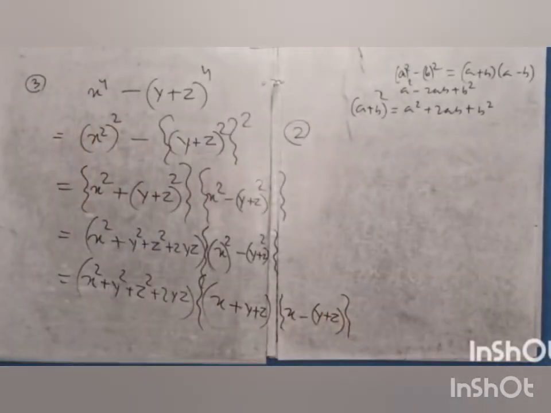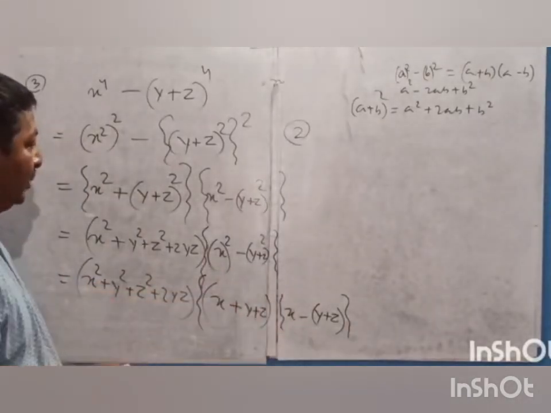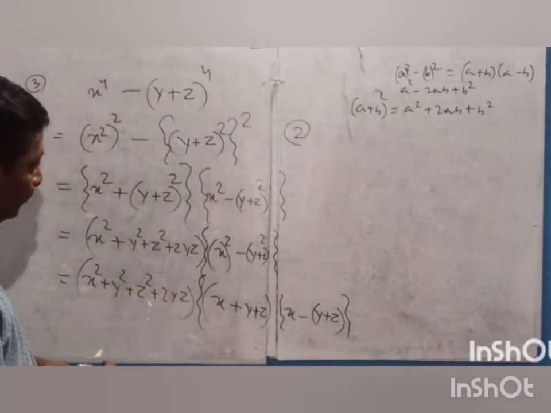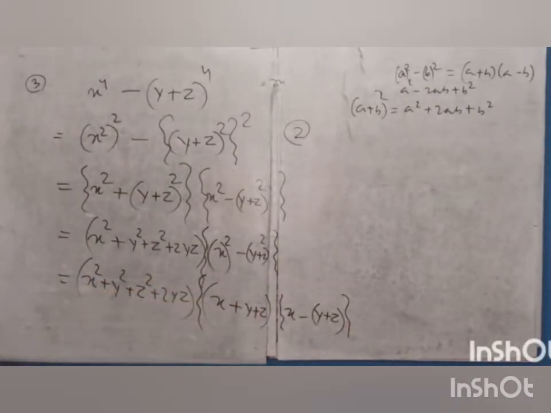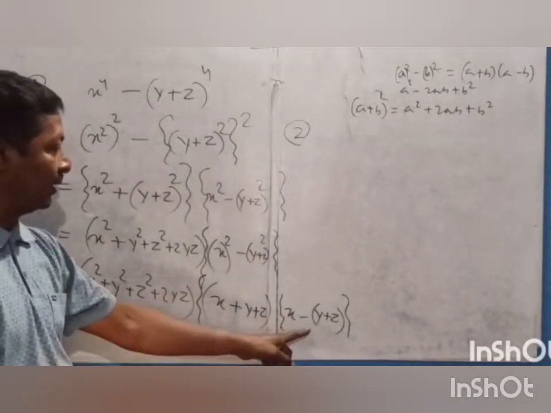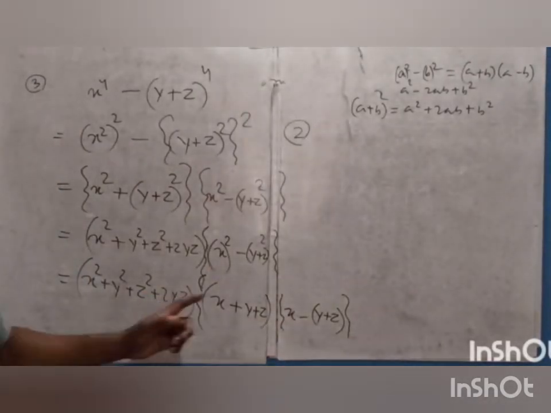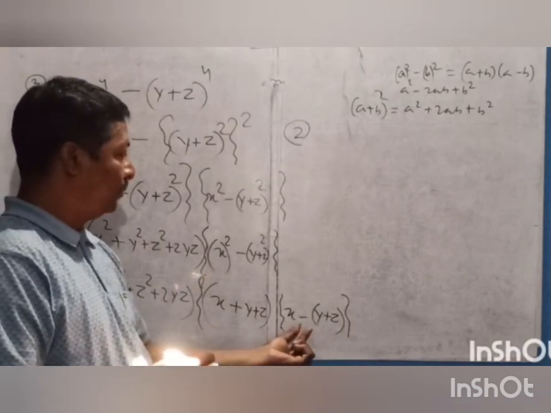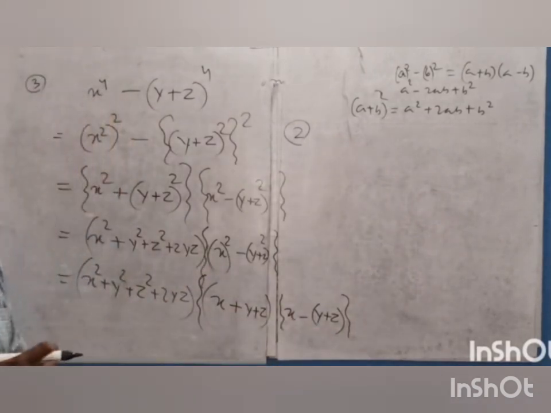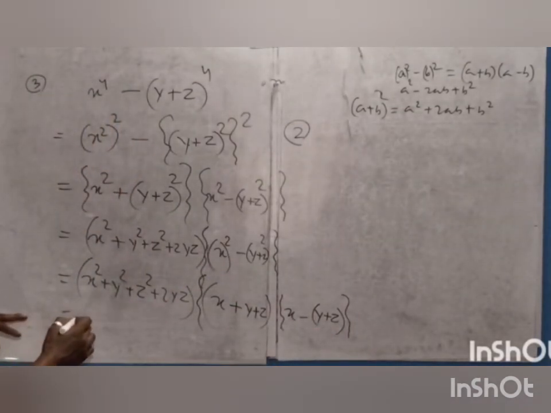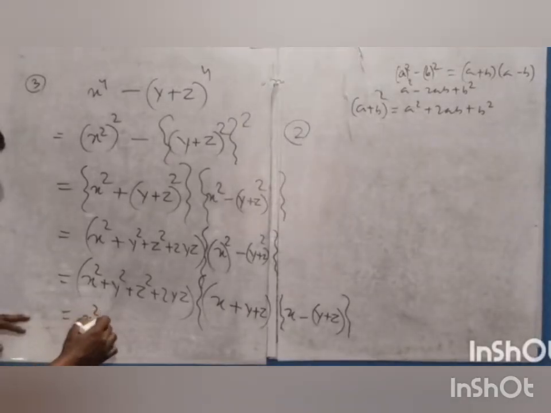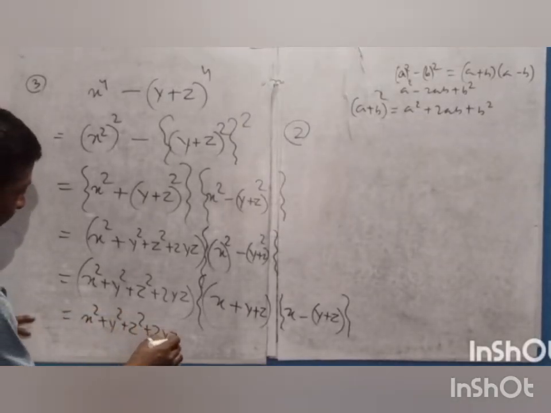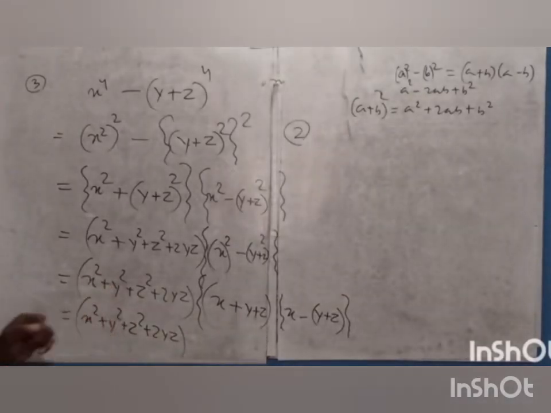A plus b into a minus b. After the minus there are two terms, so I have to put a bracket before these two terms. So now this is the final step. z square plus 2yz, I have just written the same thing here.